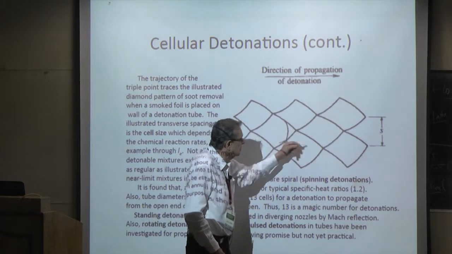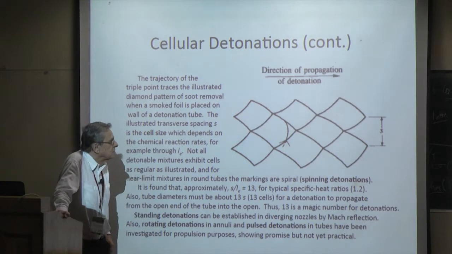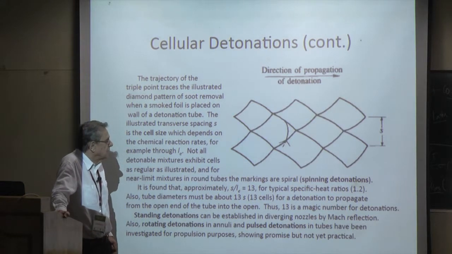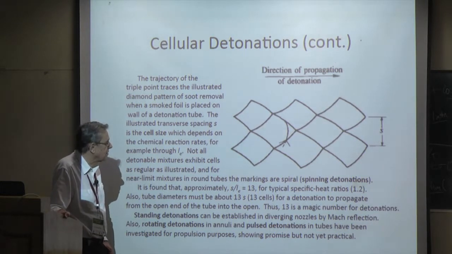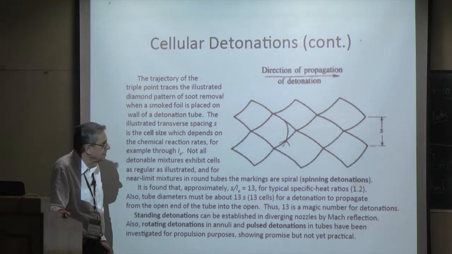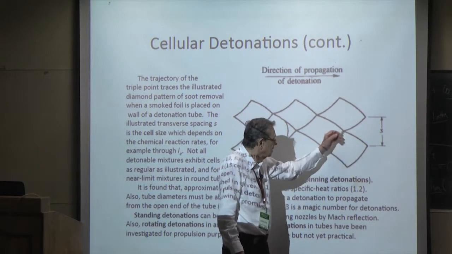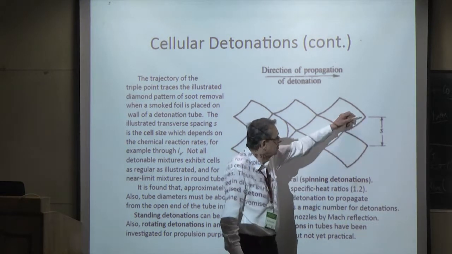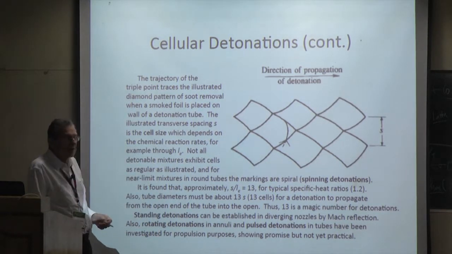These diamond patterns, which are well known, could have been discovered in 1935, where people found spinning detonations at low pressures, but were not discovered until diagnostic techniques got better. In the 50s, people started to see what they called turbulent detonations, and then they expanded and saw the structure was not really turbulent, but is very irregular in many cases, giving these regular diamond patterns with some spacing between the diamond patterns.